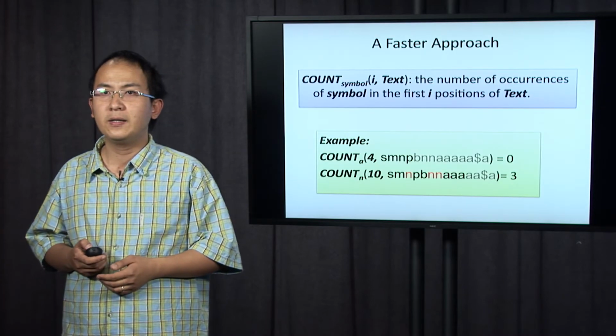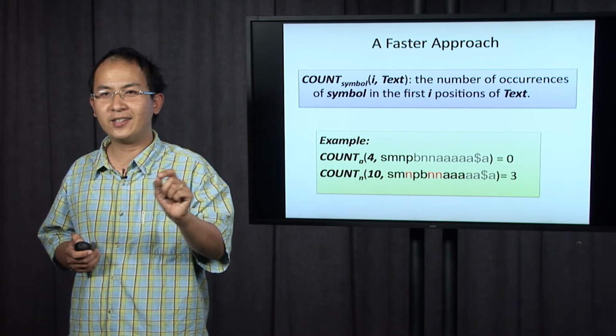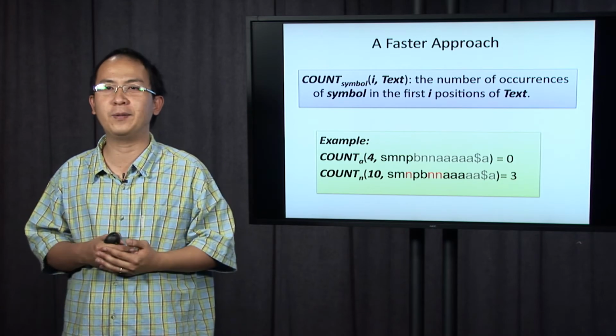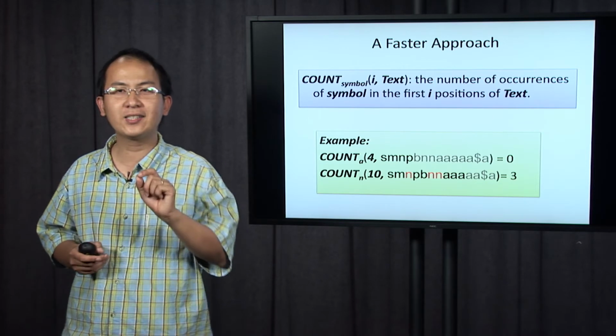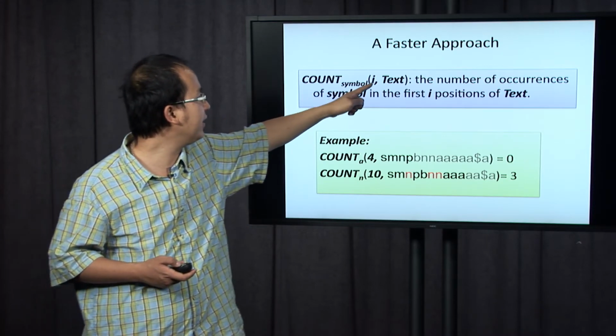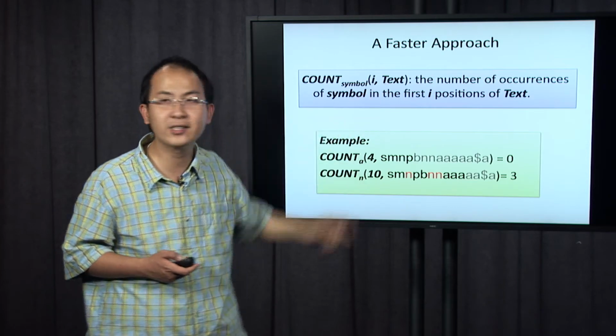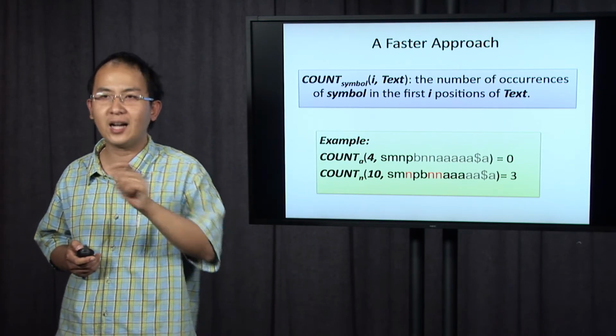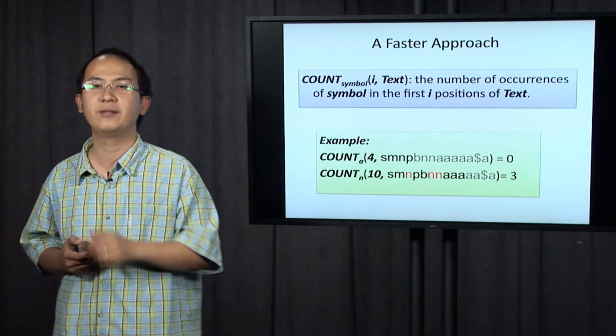So I have to describe another definition so that we can come up with a faster approach. Let's define the count of a symbol for an index I and a string text as the number of occurrences of the symbol in the first I positions of the string text.